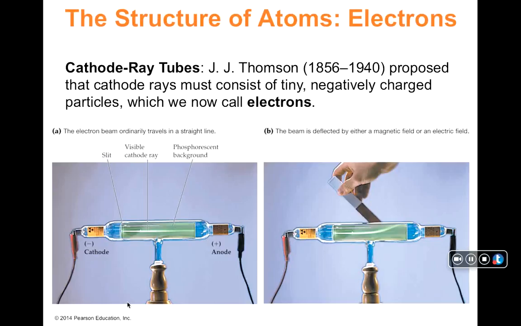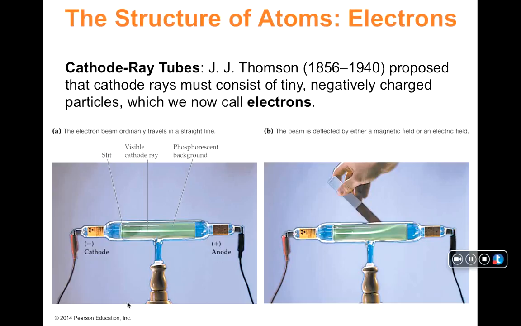Some of the ways that we discovered the types of particles of atoms, so these are just going to show you some of the very critical experiments that showed us this. J.J. Thomson used cathode ray tubes, and you can pass an electron beam through these tubes.